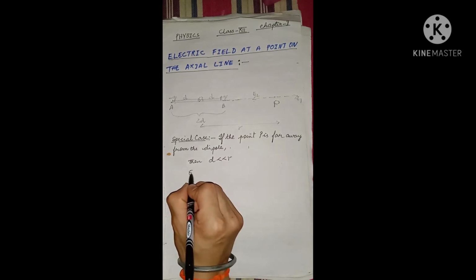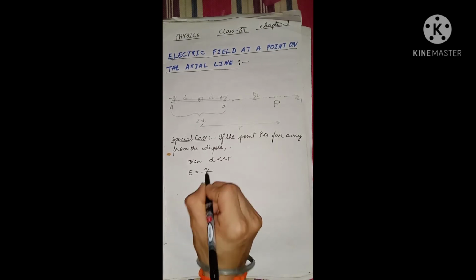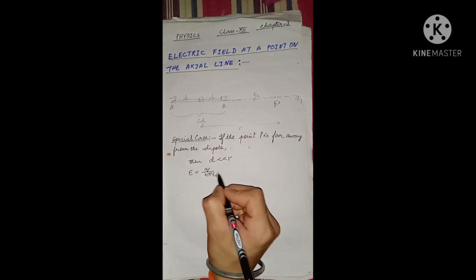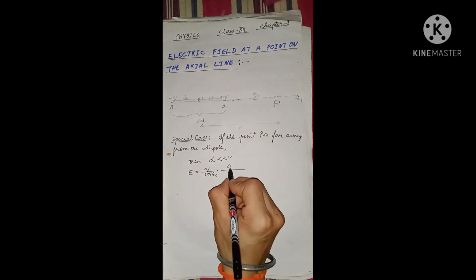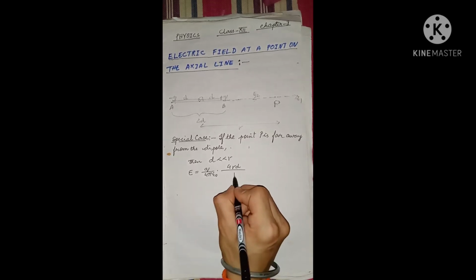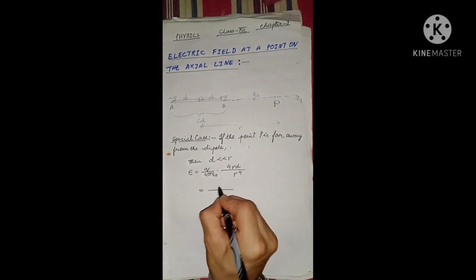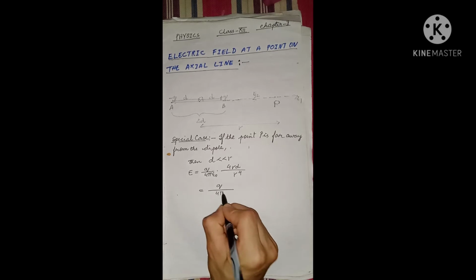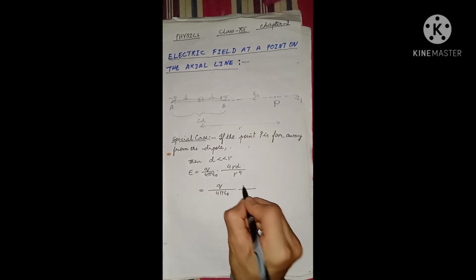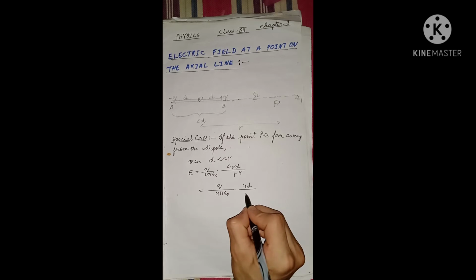Then we can write E is equal to Q by 4 pi epsilon naught into 4RD by R to the power 4, which we can write as Q by 4 pi epsilon naught into 4D by R cube.